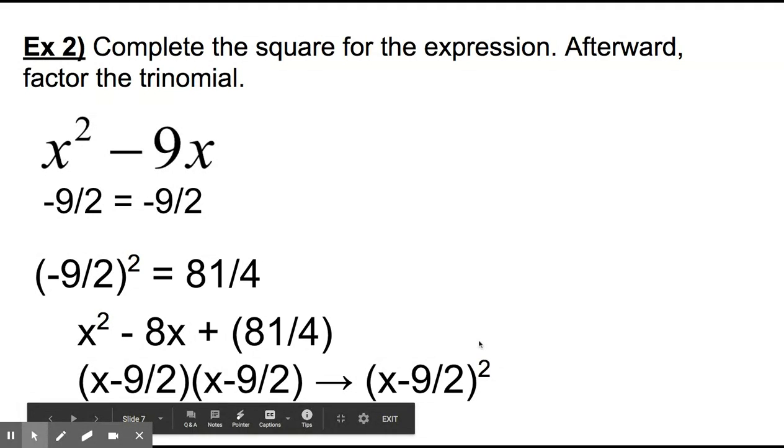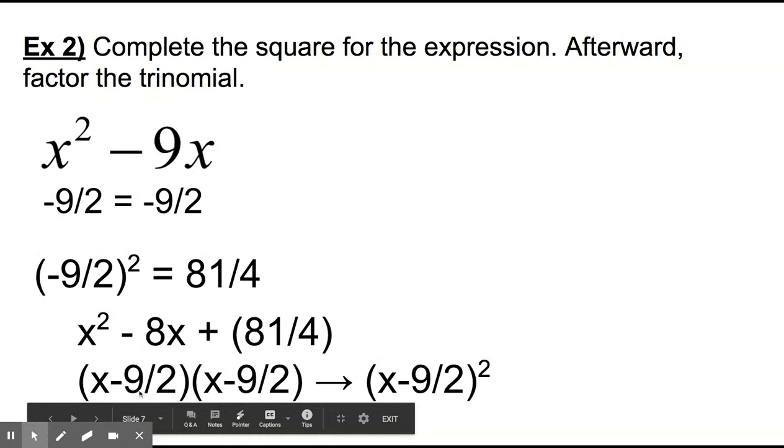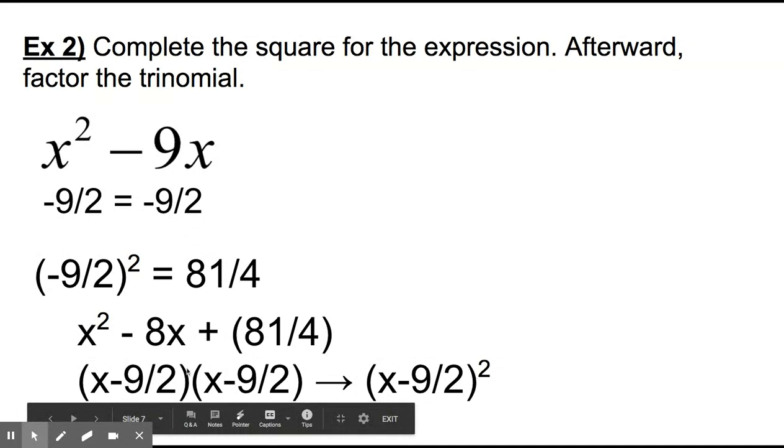And you're always going to notice too, for these simple ones, the value from step 1 ends up being the value that you're adding or subtracting from your variable in the very last step. So whatever value you get here, you should see it being used in your final answer for your expression.